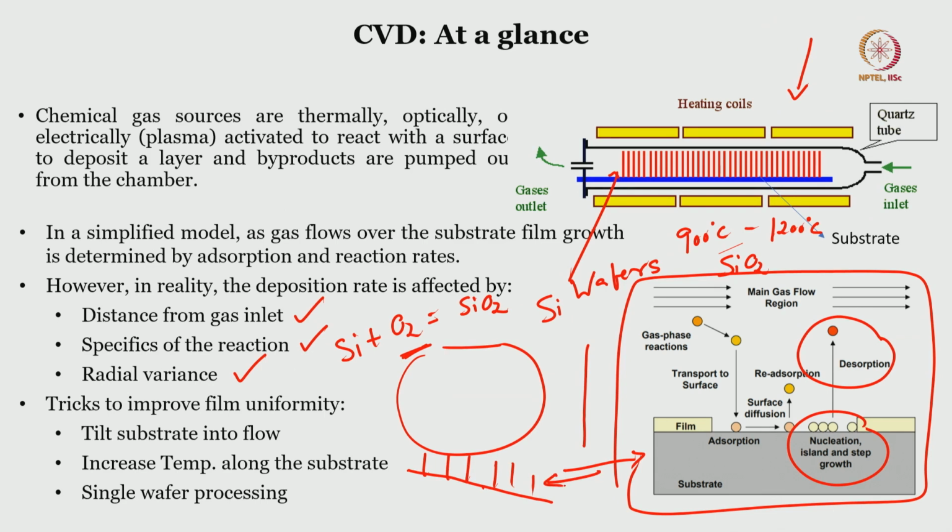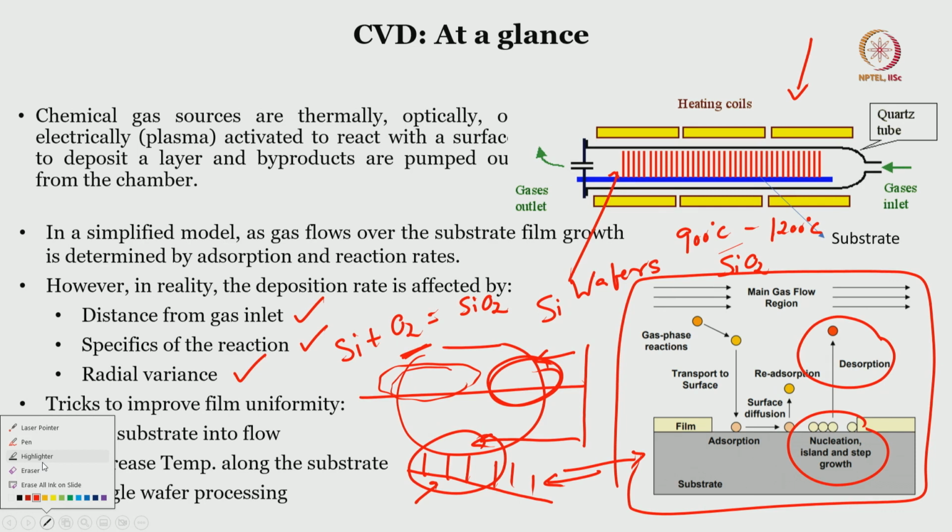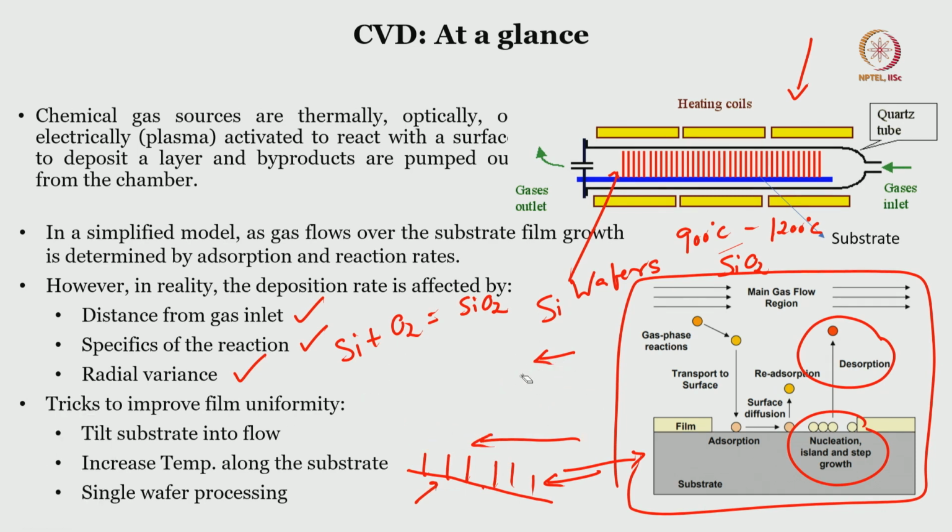As you go along, the gas flows like this, and over a period of time the concentration of the gas here will be lesser than the concentration of gas there as it passes through, is it not? So, if I tilt the entire substrate holder like this, then even though the concentration of gas decreases, the reaction rate will not decrease significantly. That is why radial variance is an important factor when we talk about CVD.